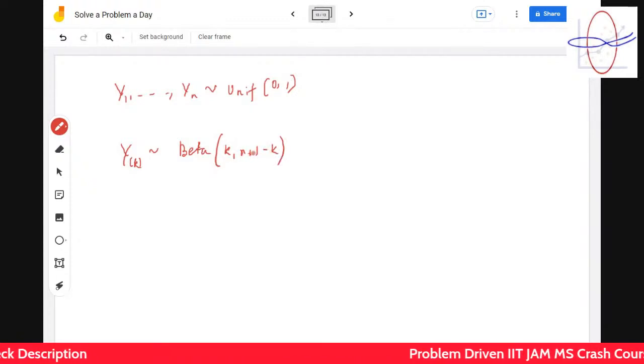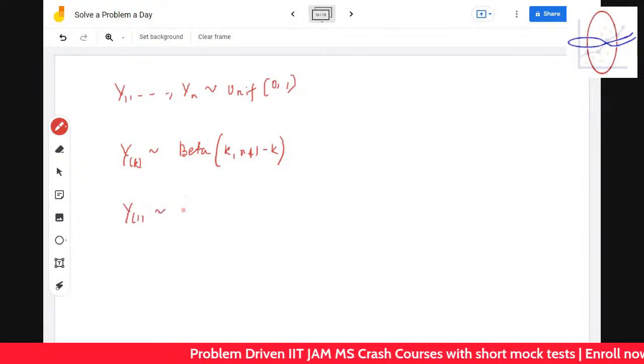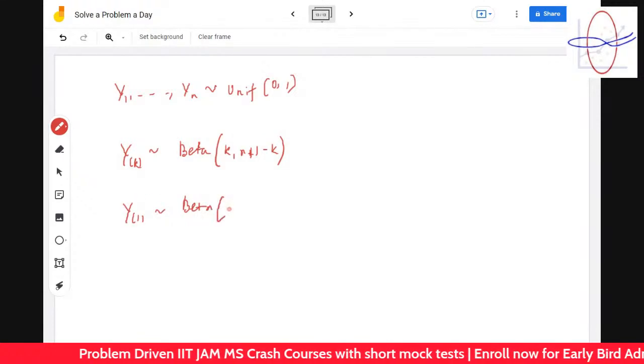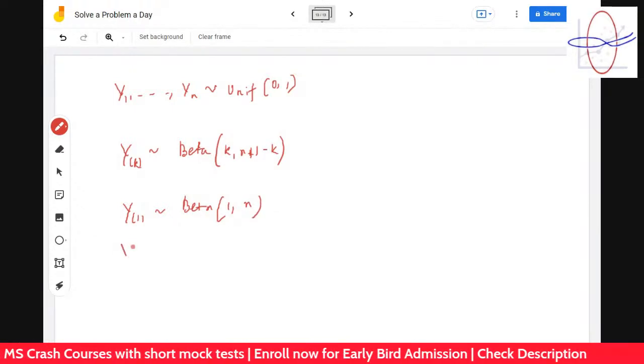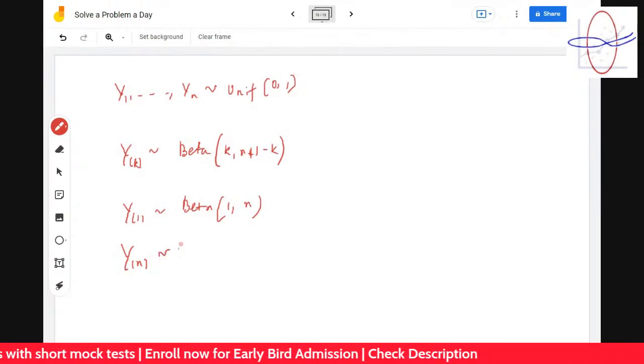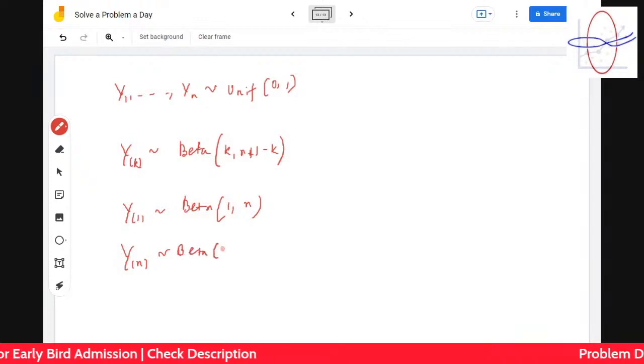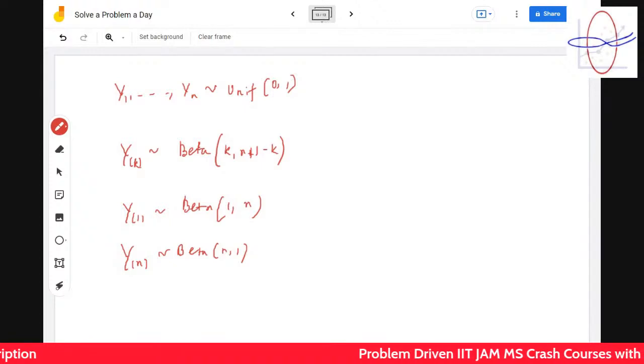Therefore Y order 1 follows beta 1 comma n, and Y order n follows beta n comma 1.